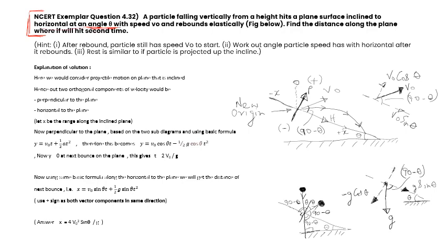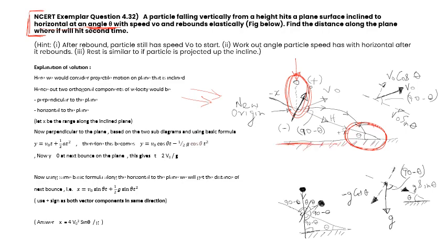So again, making a diagram, if you see this particular diagram, you see a plane which is inclined at an angle of theta, and a particle is falling vertically from a height on the plane. So vertical means vertical to the earth, or this surface at the bottom.